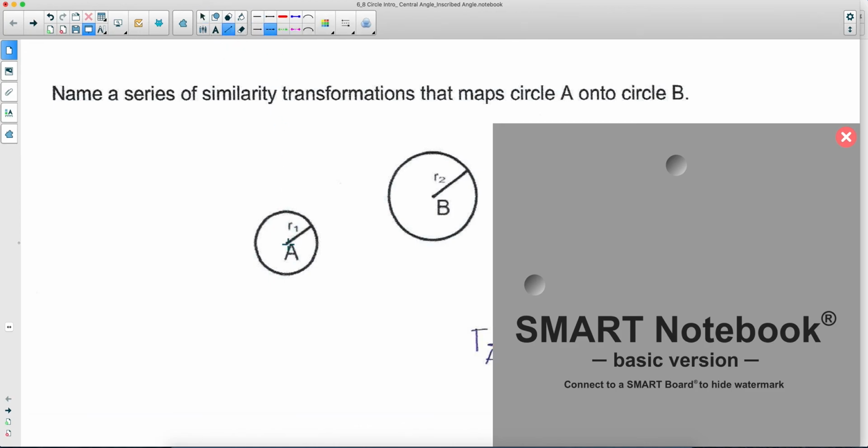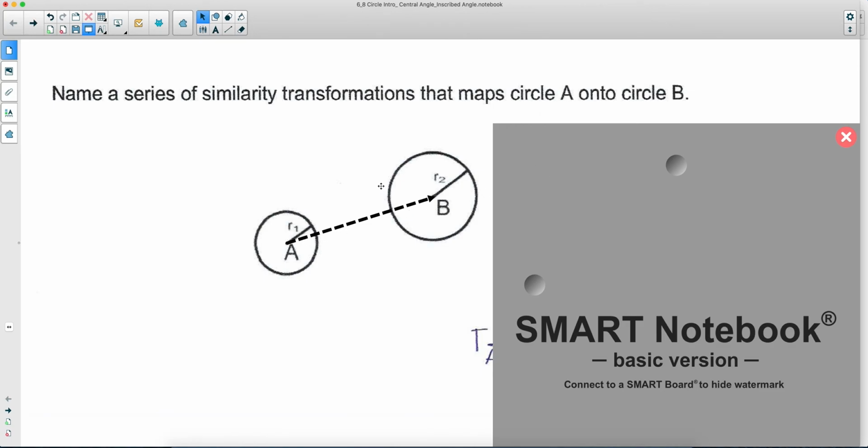The first thing is, if I take A, the center point, and I translate it along this vector AB, now this entire circle is up here at B. Usually when you translate, you give a direction like 4 right and 3 up, but we don't have that flexibility here because there is no grid. So we say we're going to translate along this vector AB, and then we need to make it larger.